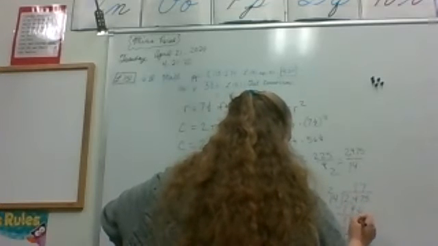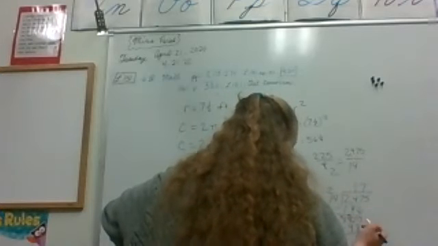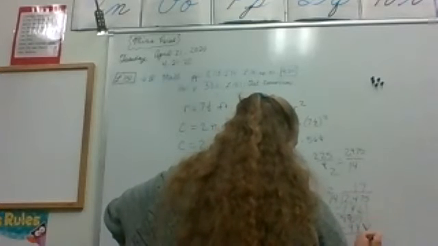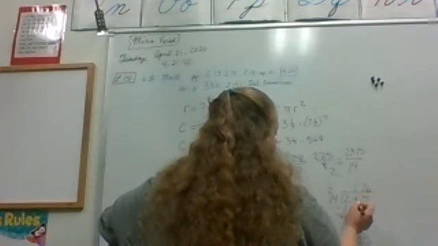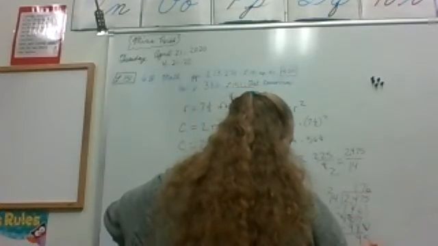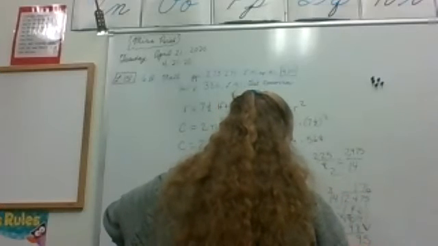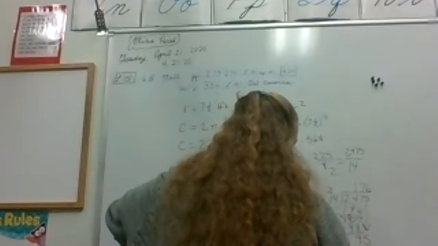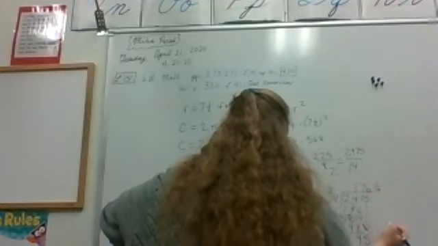That was better. Because that gives us 9, which is less than 14. So we know that it can't be 7, it's got to be 6. So 6 times 4, 24, 84. So it gives us 11, and we're going to have 11 over 14.